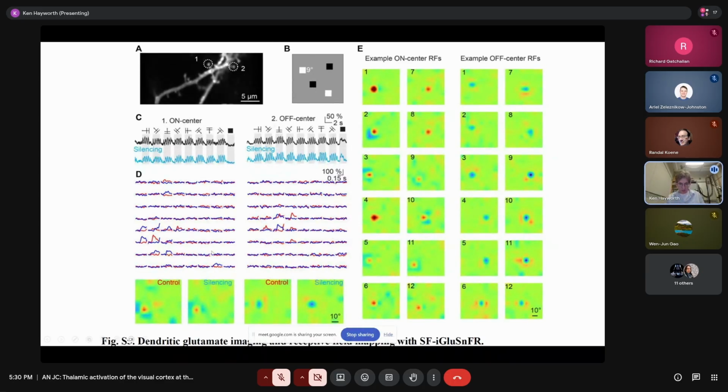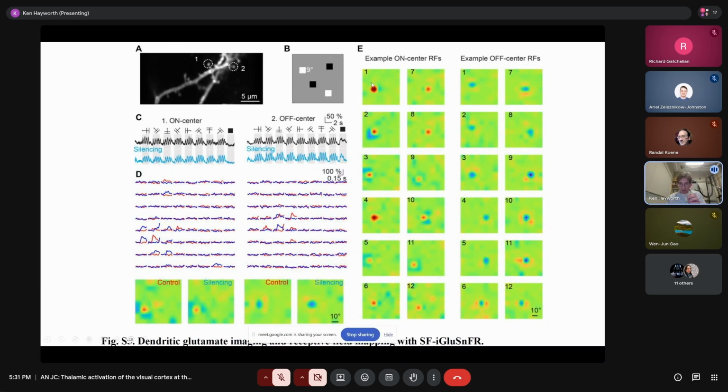And if you use those to plot the on portions of the receptive field and the off portions of the receptive field, each of these green squares is the visual field. This is a 10-degree visual field scale bar.